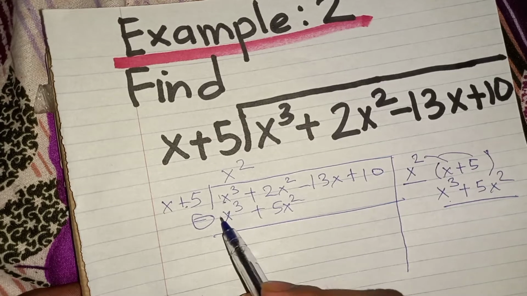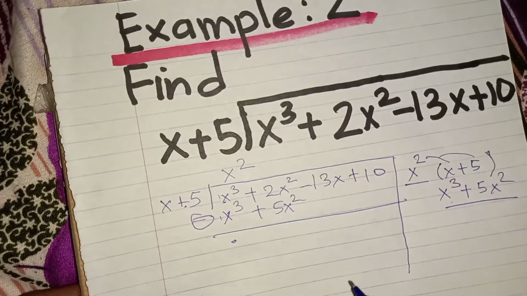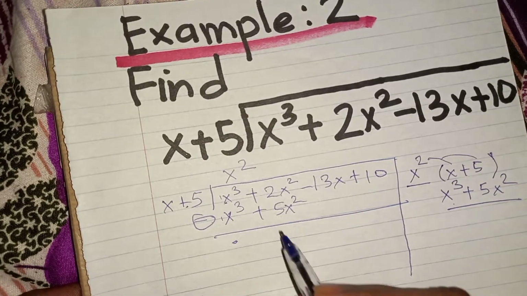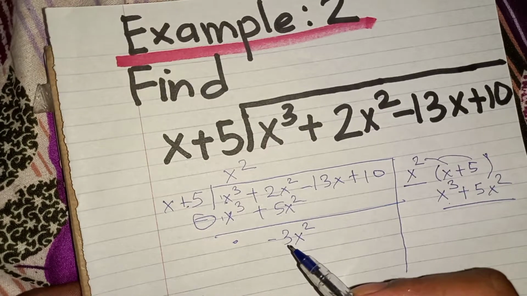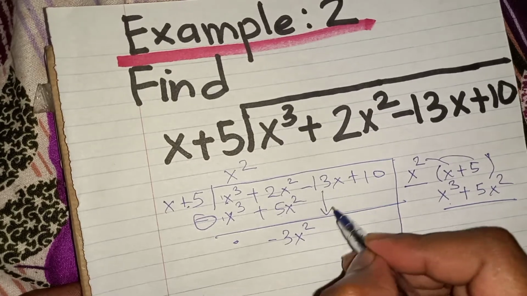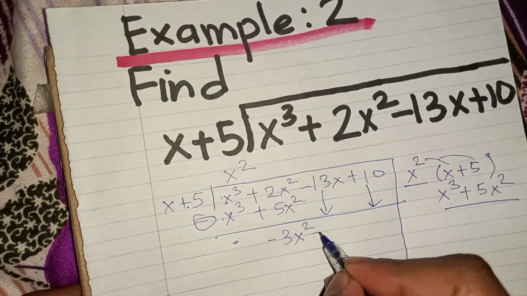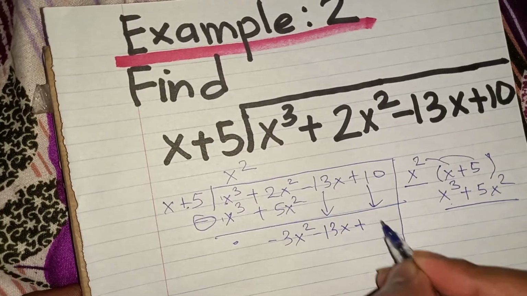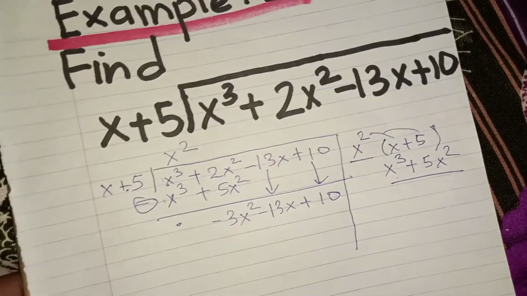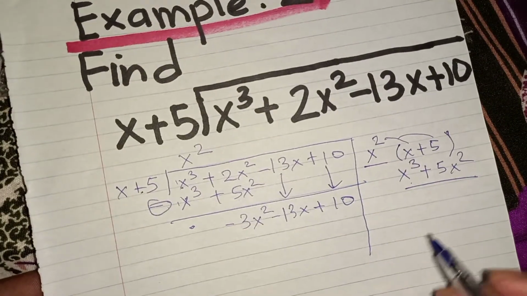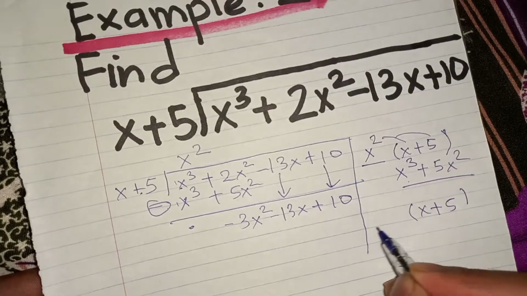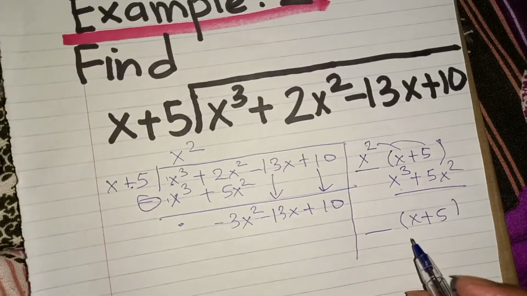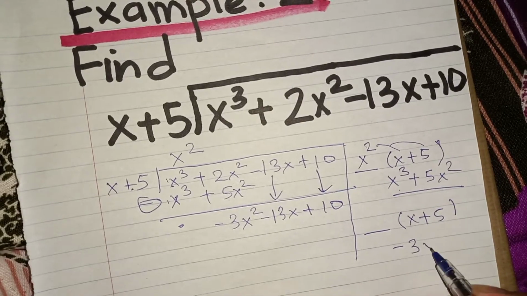1 minus 1 is nothing. 2 minus 5 is minus 3x squared, and all of this comes down, minus 13x plus 10. Now you need something to multiply with x plus 5 to give you minus 3x squared.